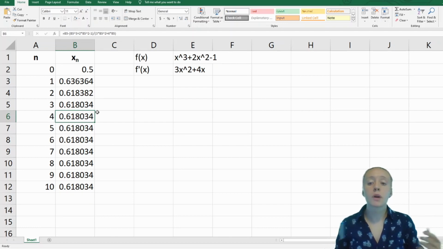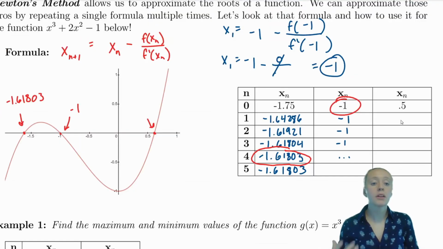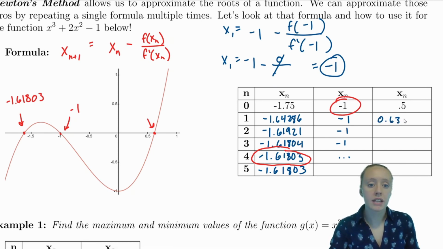0.618034 is where my next root occurs. But let's go ahead and fill in that table. My x sub n, where n was 0, was 0.5. Then I used that 0.5 to get my x sub 1, which was 0.636364. And then after that, I got 0.618382, and then 0.618034, and then the very next one, it started repeating.